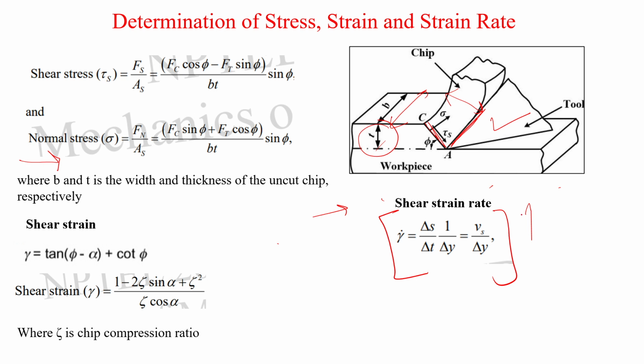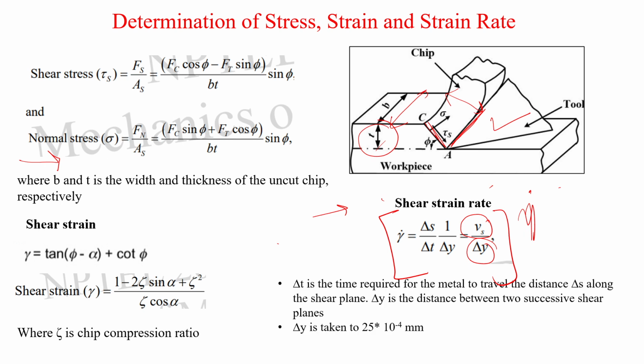This gamma dot is called the shear strain rate, which is equal to Vs upon del Y. Del Y is the distance between two shear planes. And if the del Y value is not given, you can directly take it to be 25 into 10 to the power minus 4 mm. This is called shear strain rate.